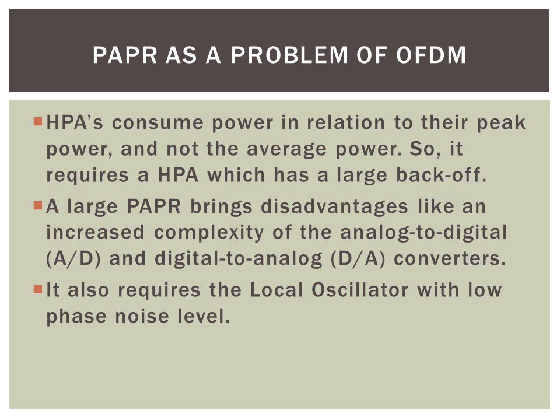Another problem of PAPR is that it also requires a local oscillator with a low phase noise level, because as the carrier frequency of each signal is different, we need to compensate all the carriers.